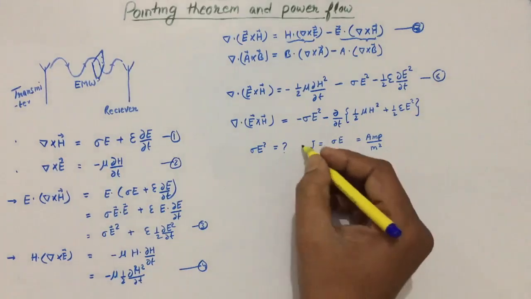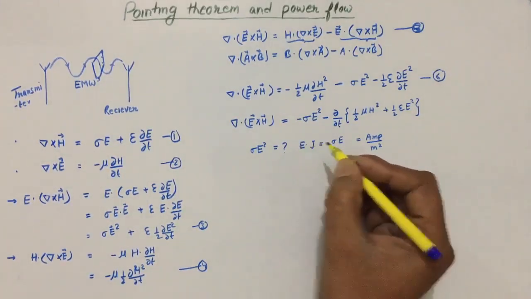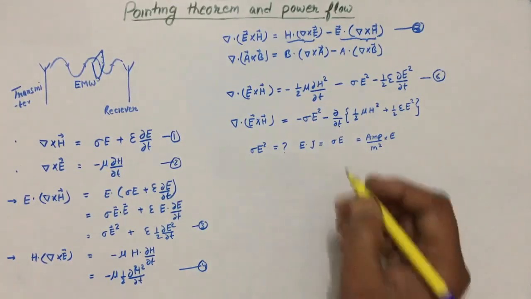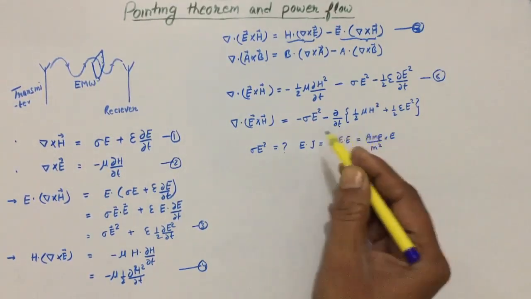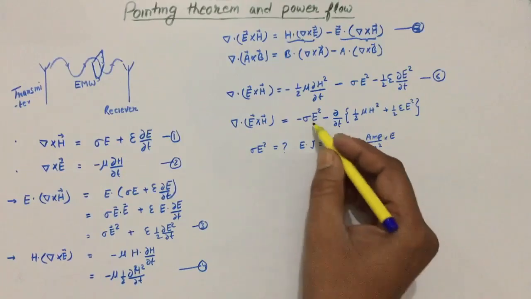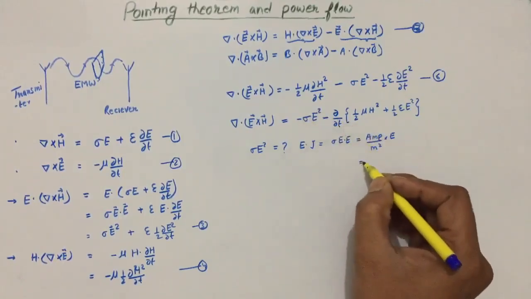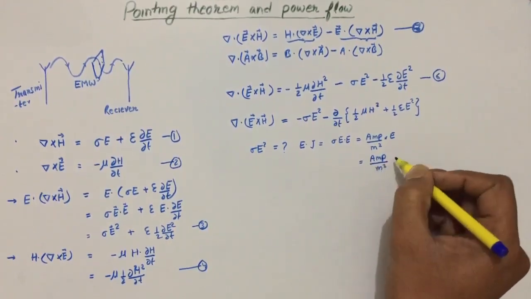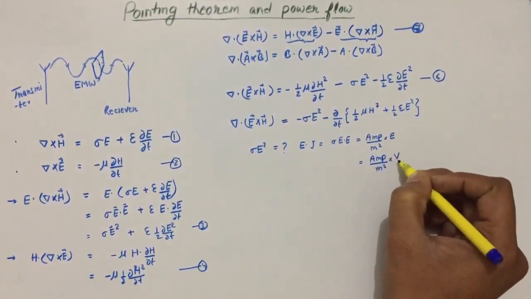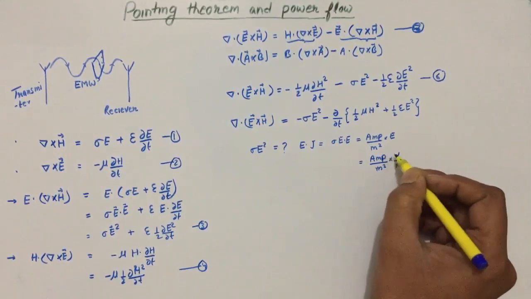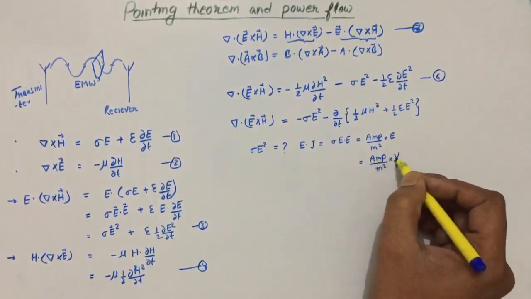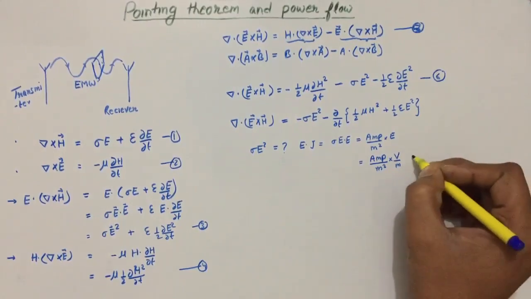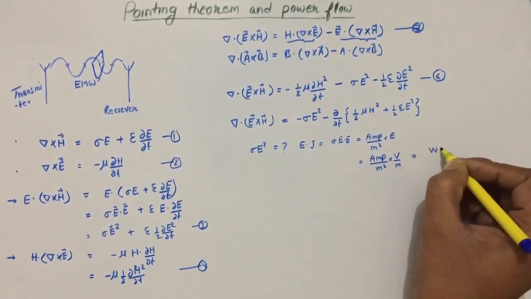If we multiply by E, then we will get this term, and if we put the unit of E, that is volt per meter, then the top term is nothing but VI, and VI we can say is power.